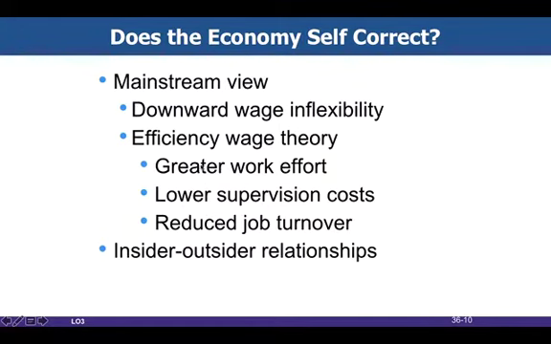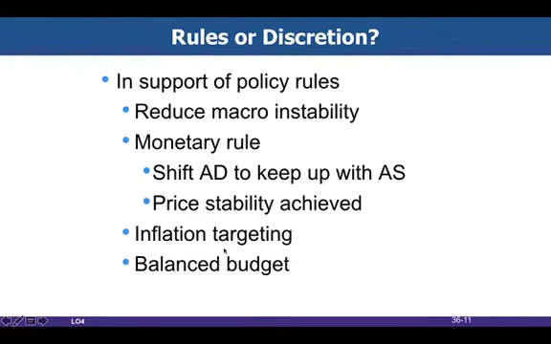If people are not going to work as hard, do you really get anything by laying people off or cutting their wages? And if you have to supervise them that much more, then you have to pay more supervisors. And if they're just going to quit and you're always hiring new people, that costs you more too. We'll skip this one for now.